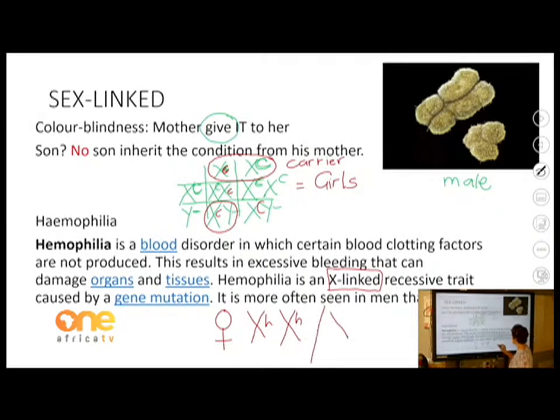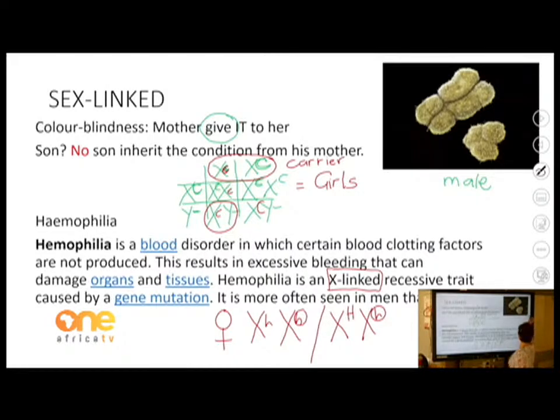You can be a carrier. Capital H means not hemophilia. You agree? Because the X chromosomes are large enough to have the allele, 2 alleles.